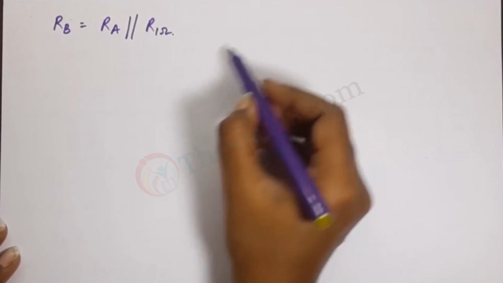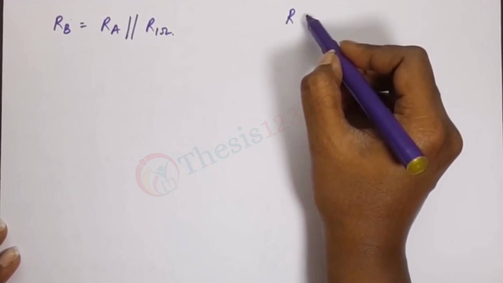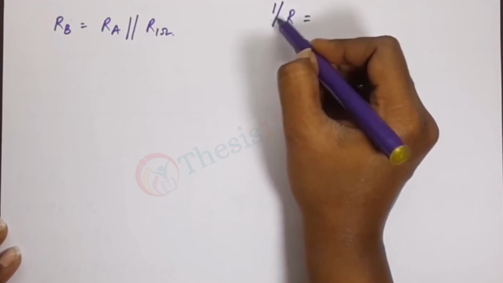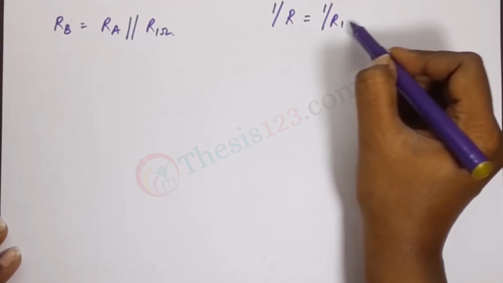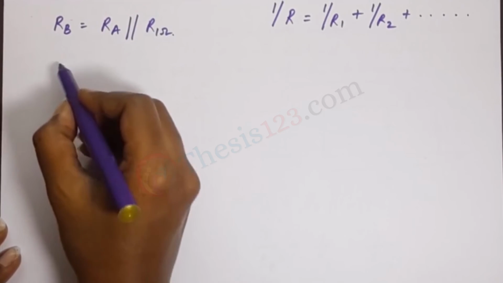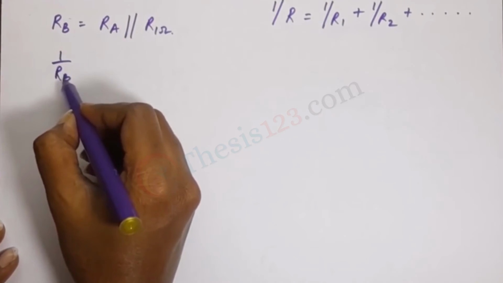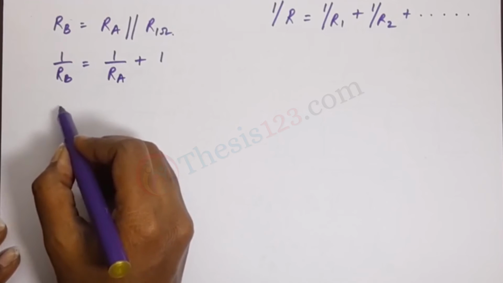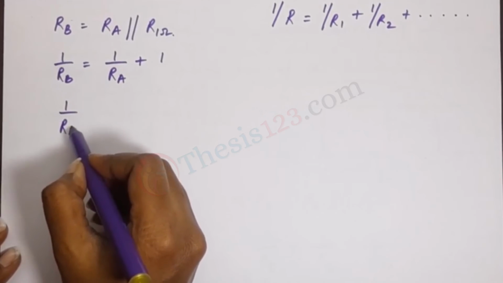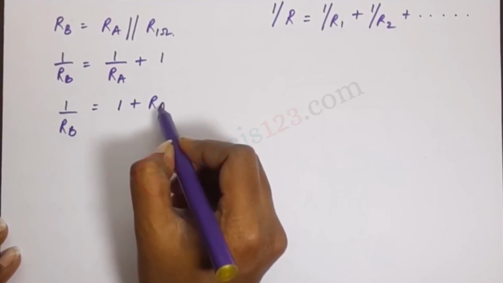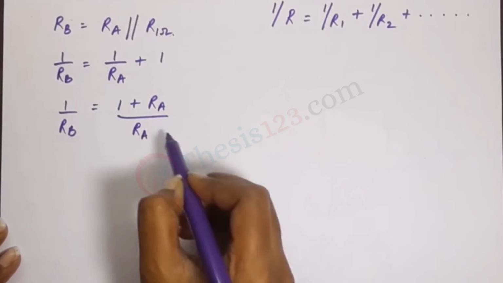And you know the formula there. The total resistance formula is 1 by R is equal to 1 by R1 plus 1 by R2 plus so on and so forth. So here we have 1 by RB is equal to 1 by RA plus 1. So we solve this: 1 by RB is equal to (1 plus RA) by RA.